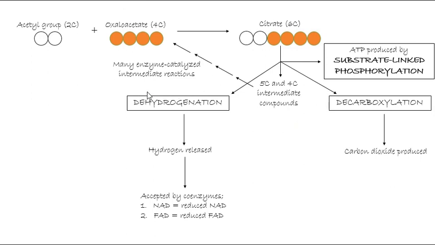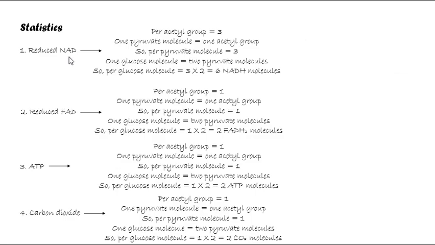You do not need to know what these reactions are, you just need to know that the 4-carbon oxaloacetate compound is regenerated from these 5-carbon and 4-carbon intermediate compounds via a series of many enzyme catalyzed intermediate reactions.